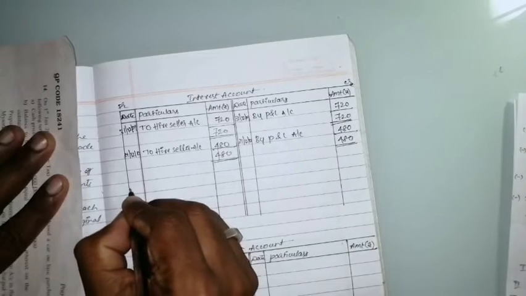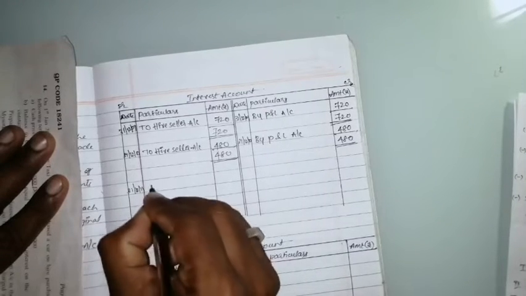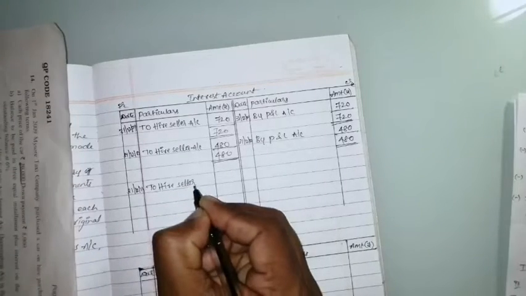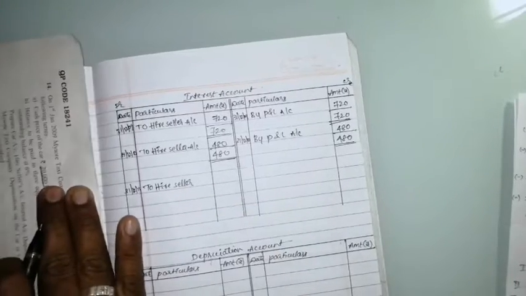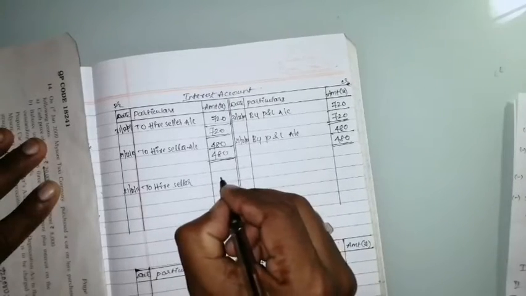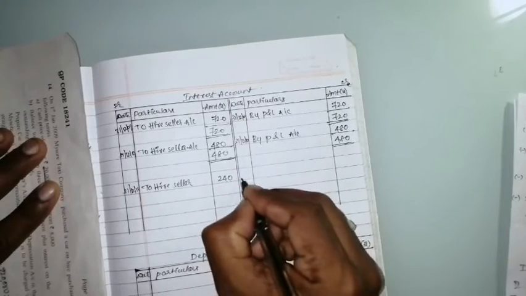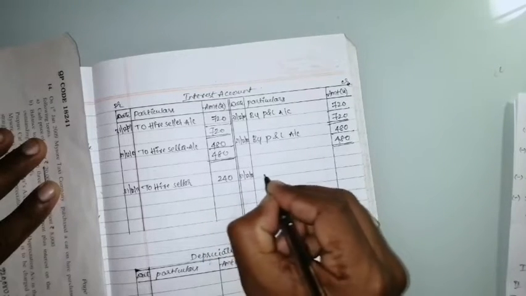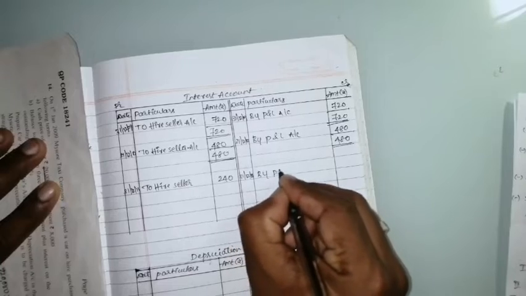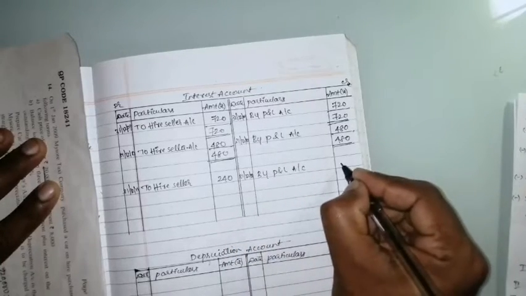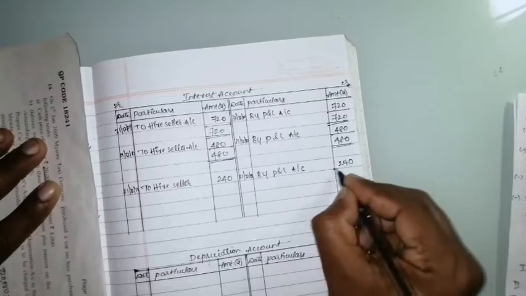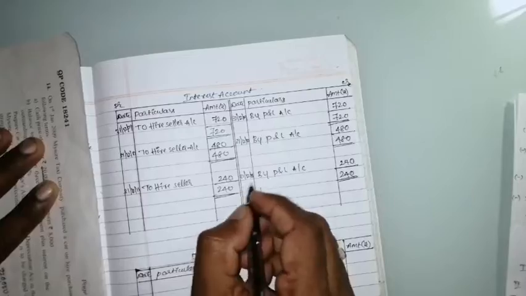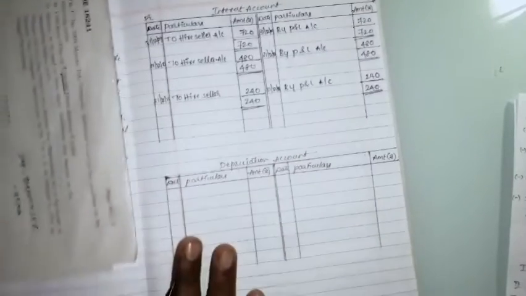Next, third year, 31st December 2011, to hire seller, how much? 240, right? On 31st December 2011, by profit and loss account 240. Clear?